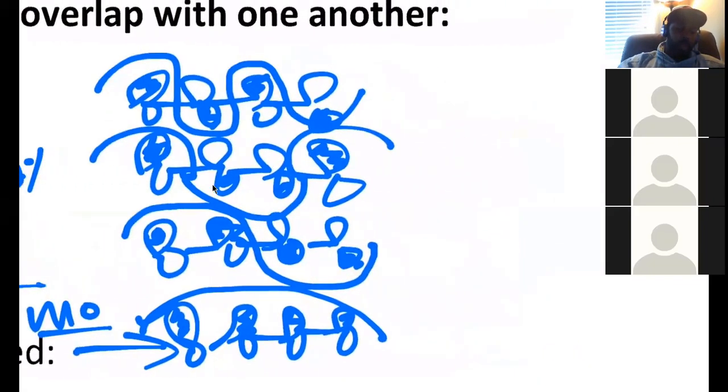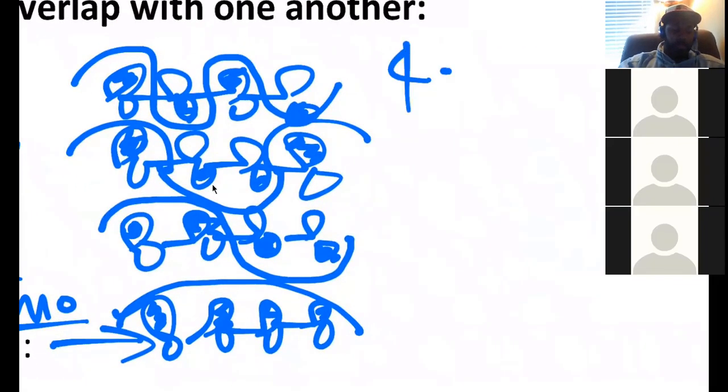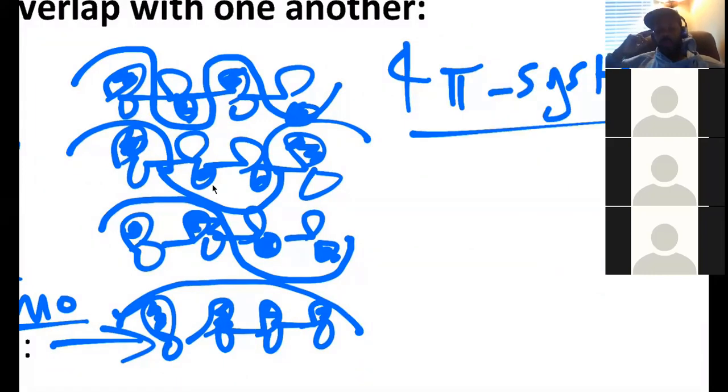All right. So this is the MO diagram for a 4-pi system. And what does that 4-pi mean again?